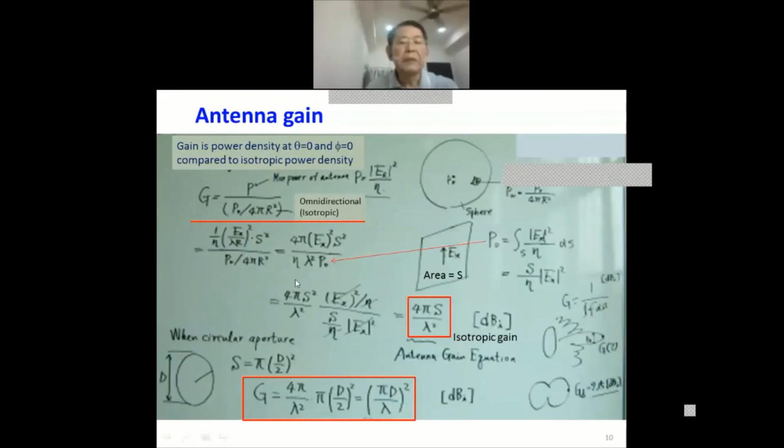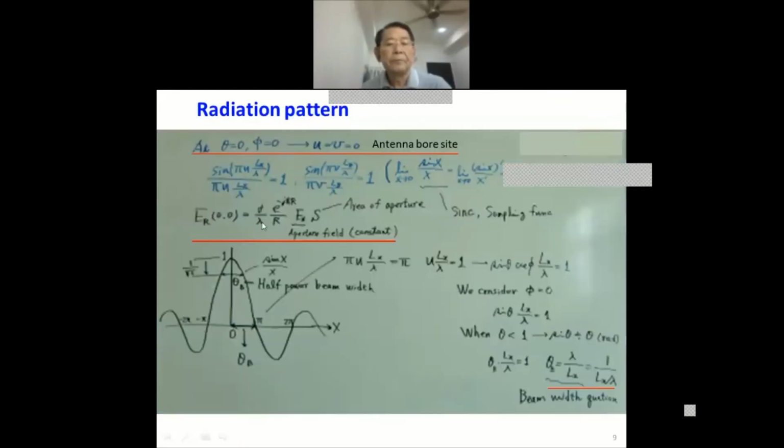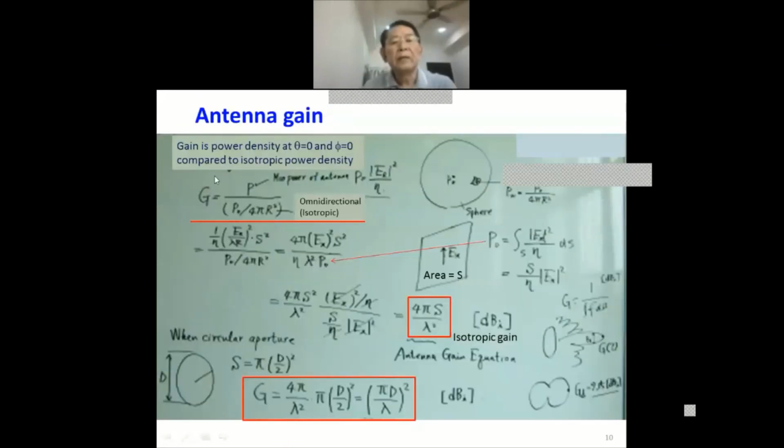Next, we understand that in front of the antenna, now antenna gain. I think I already explained this previously in the wireless and mobile course, so you can recall.